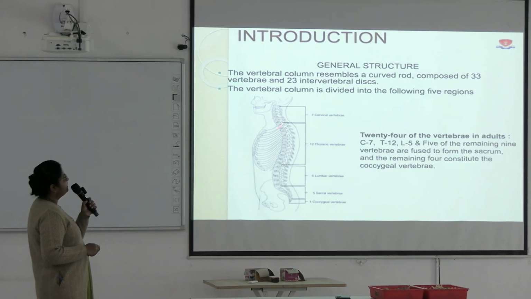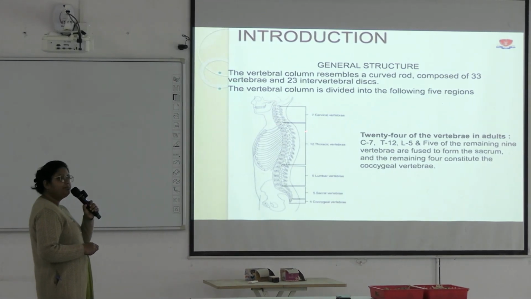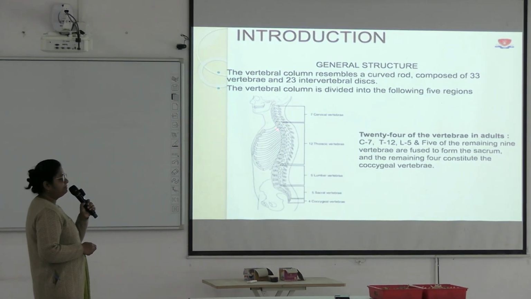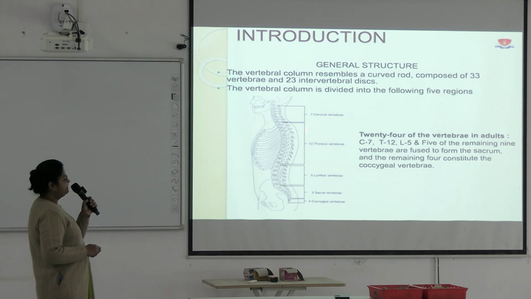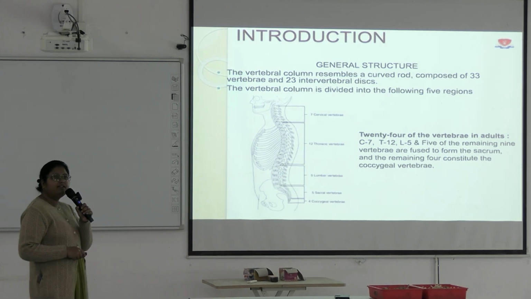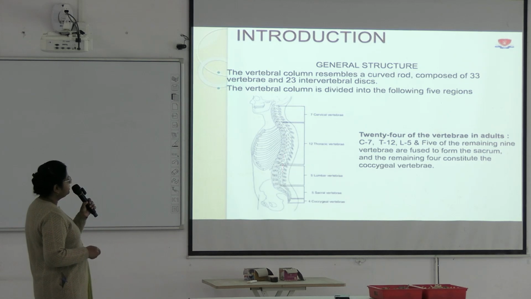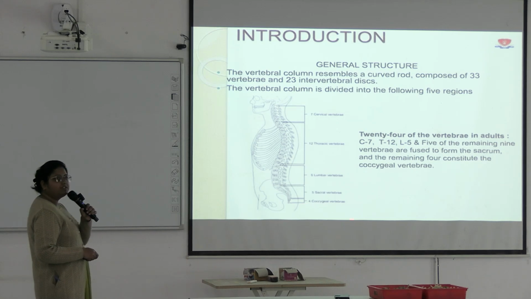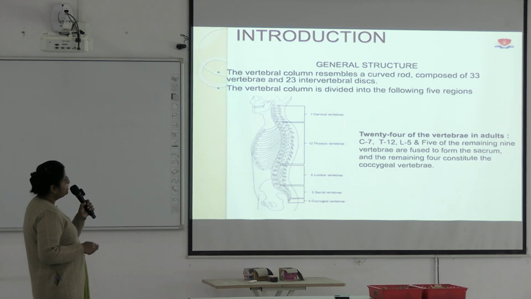The upper part consists of 7 cervical vertebrae, the cervical region, 12 thoracic vertebrae, the thoracic region, 5 lumbar vertebrae, the lumbar region, and the sacrum formed by fusion of 5 sacral vertebrae. And here are 4 coccygeal vertebrae forming the coccyx. So these are the regions of the vertebral column.